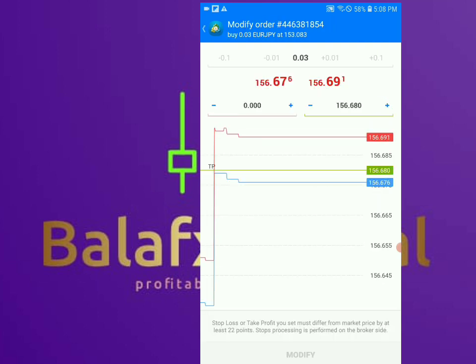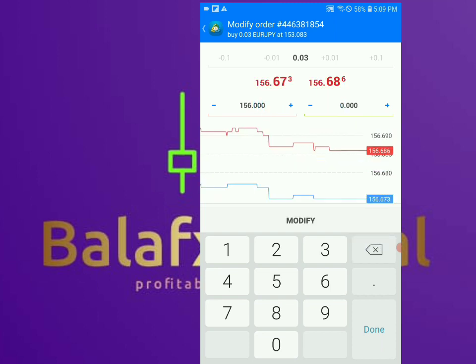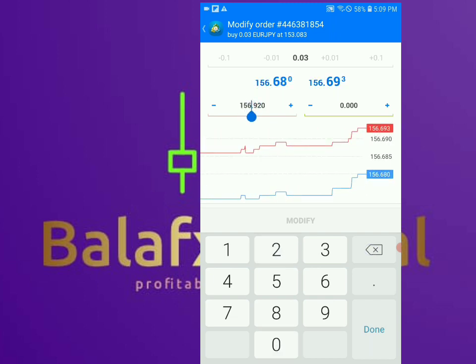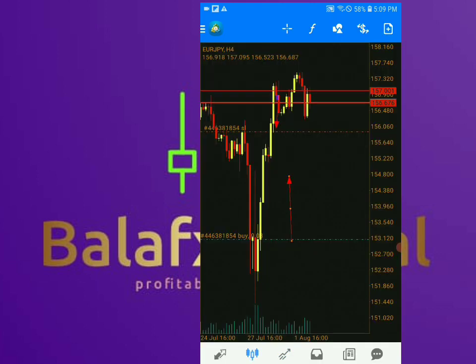We'll put it in this place. Stop loss 920. You modify. So you can see, whenever the market reverses and comes here, I'm still in profit.